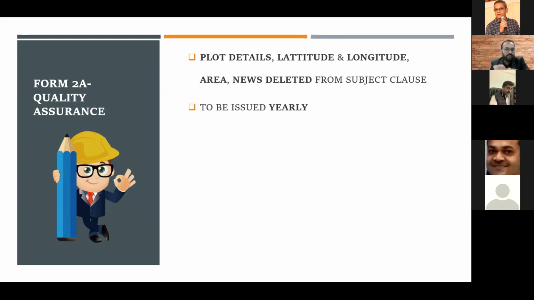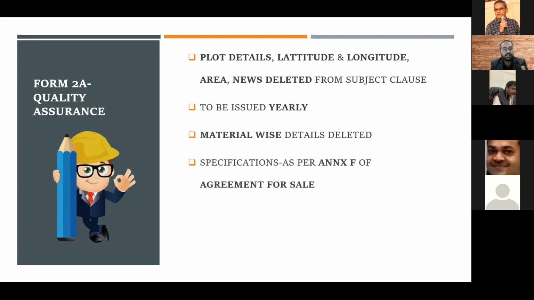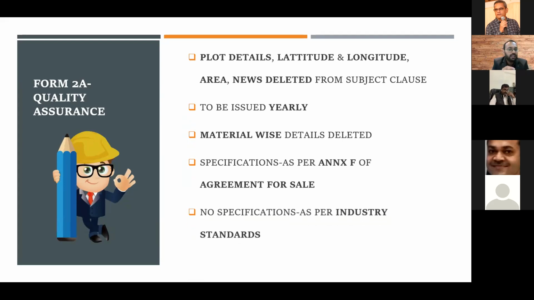The first three points are common; plot details have been removed everywhere. This certificate is to be issued yearly as per the amendment, and material-wise details are deleted. Next, if there are specifications, then he has to comment as per the specification that the quality is this much. But if there are no specifications, then he has to certify it as per industry standards, I assure the quality based on industry standards.